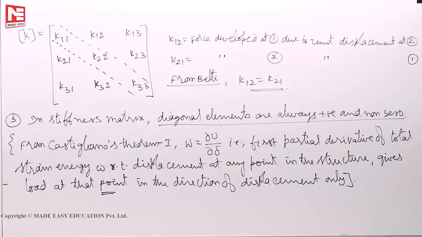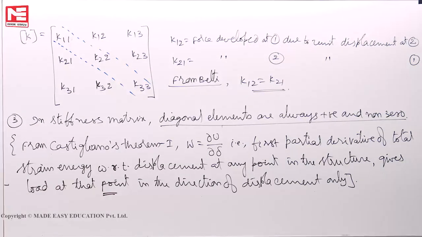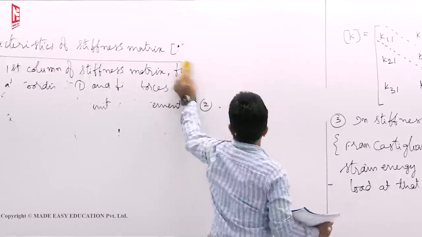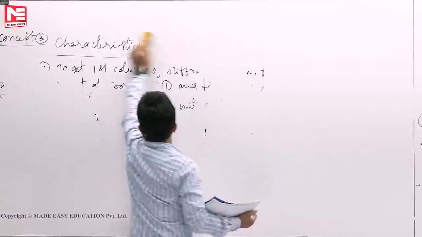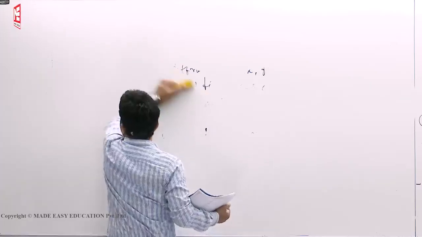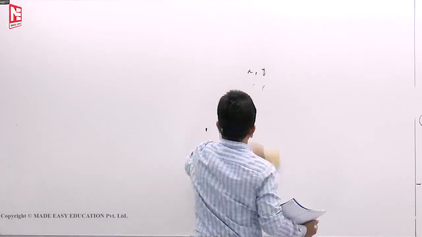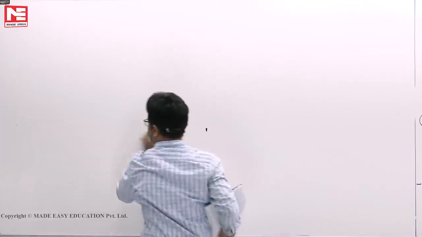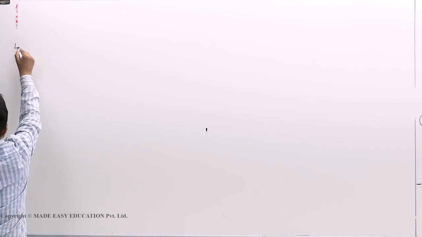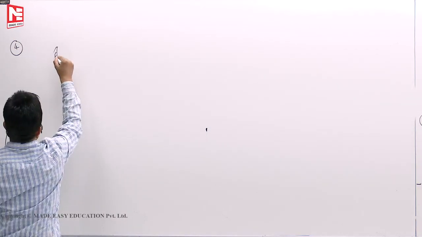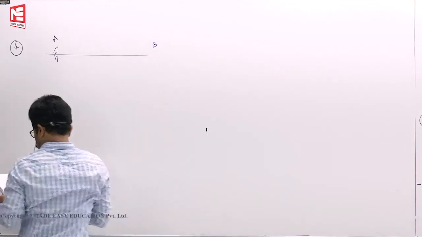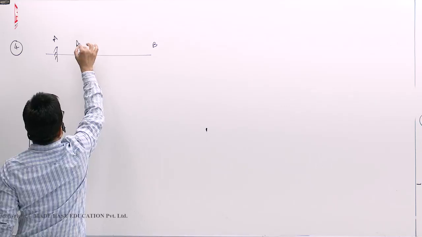Fourth point is this one. Now, assume that we have a member AB and you consider this member AB as axially rigid.